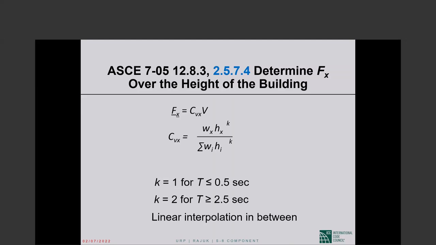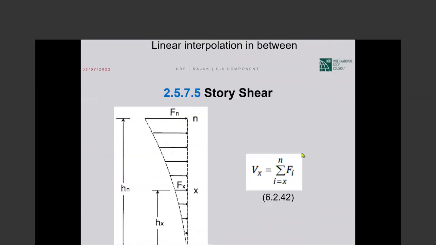So at this day and age, the interpolation between 1 and 2, K value of something like 1.37, should not be a problem for anybody. So I would suggest that you do that. If you have a period of, I don't know, 1.2 seconds, you interpolate between K of 1 and K of 2, and whatever your K value is, 1.37, you put that into that equation and do your distribution.